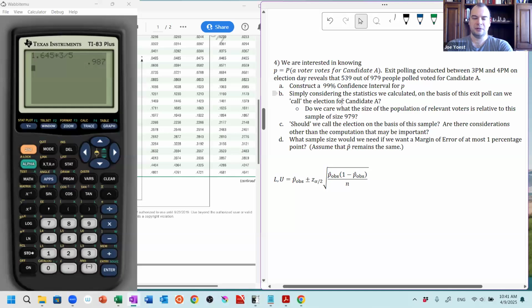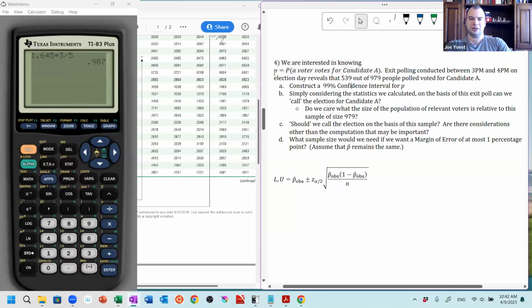Okay, so example 4. Last time we did example 3, the die roll example with 21 ones on 100 rolls, and what was the confidence interval for the probability of rolling a 1. Here we have a very different scenario, but it's a similar type of problem.